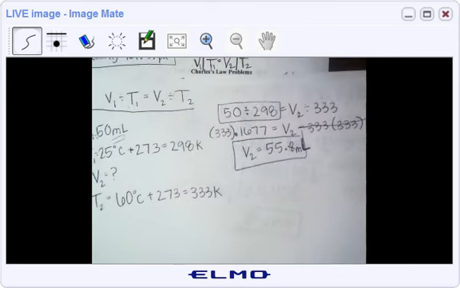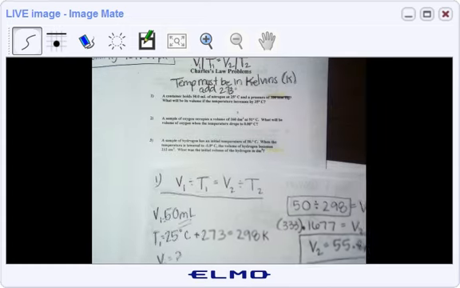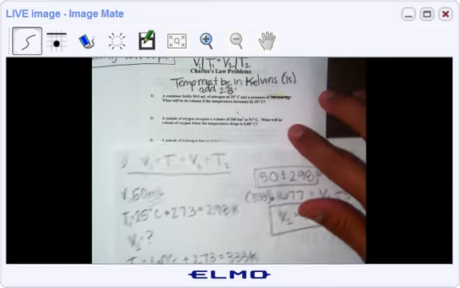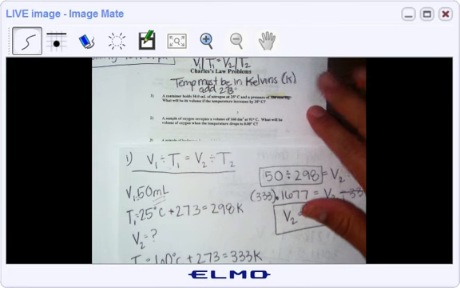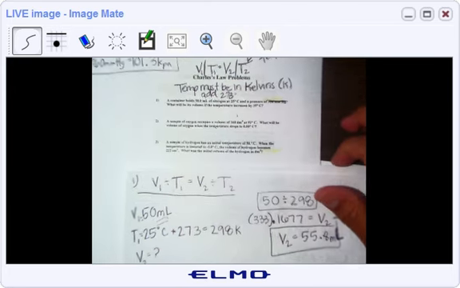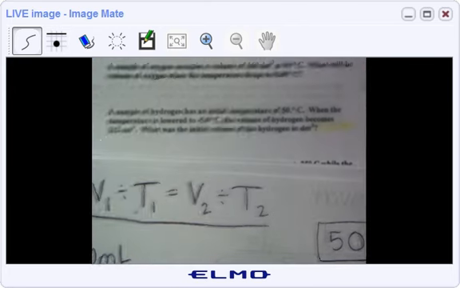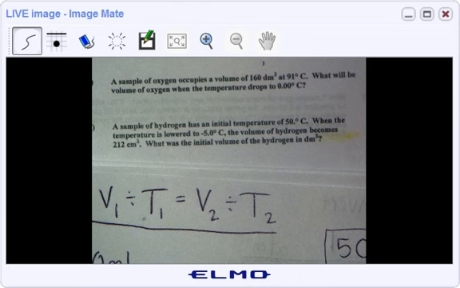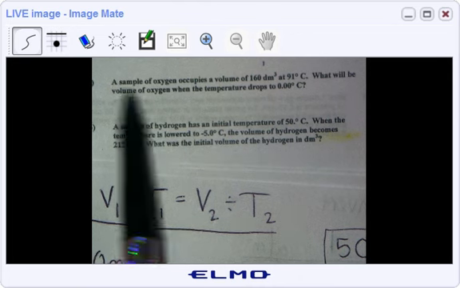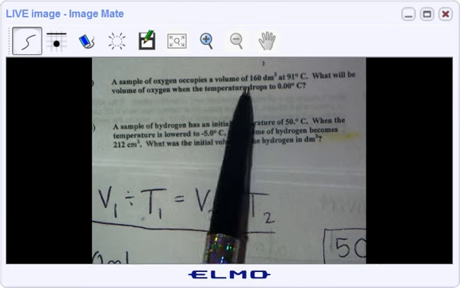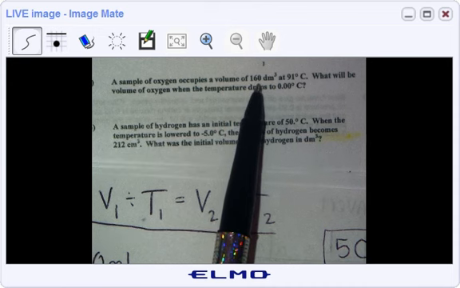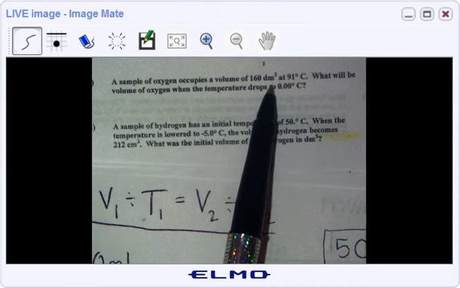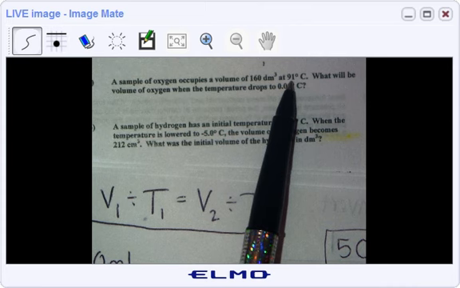I'll let you work the rest on your own, but I just want you to look at number 2. I'm going to zoom in. For the final temperature, a sample of oxygen occupies the volume of 160, so that's your V1. At 91 degrees Celsius, you're going to convert that Celsius to kelvins.